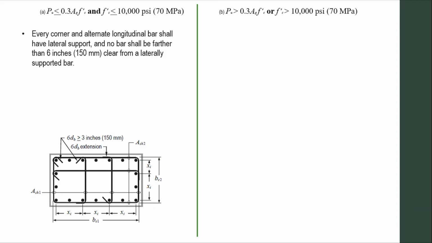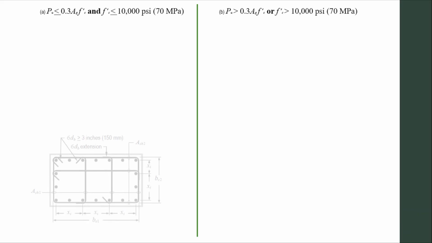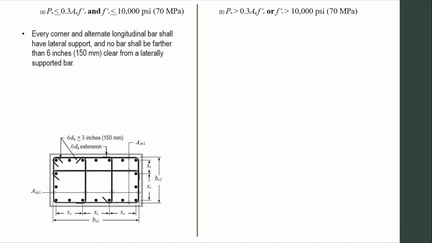Yung PU is less than 0.3 F prime C AG and F prime C less than or equal to 10,000 psi. Ito yung case 1. Then this is case 2, if the ultimate axial load is greater than 0.3 F prime C AG or F prime C greater than 10,000 psi or 70 megapascal.